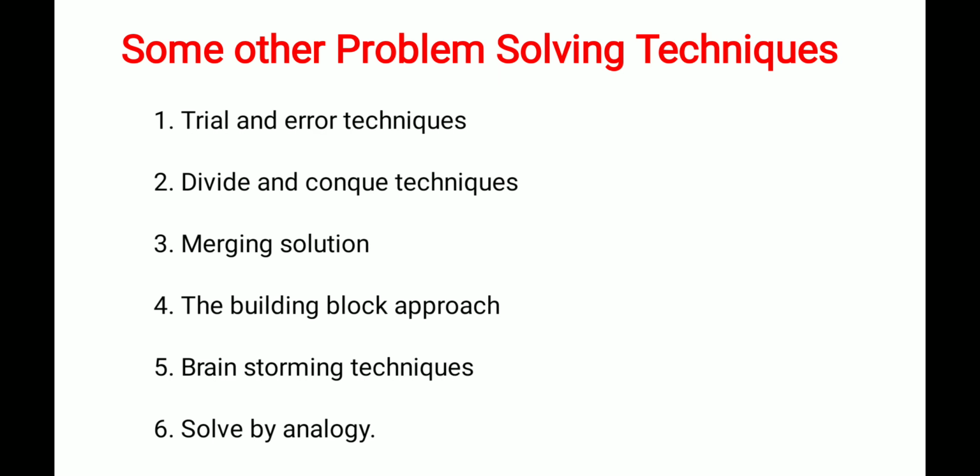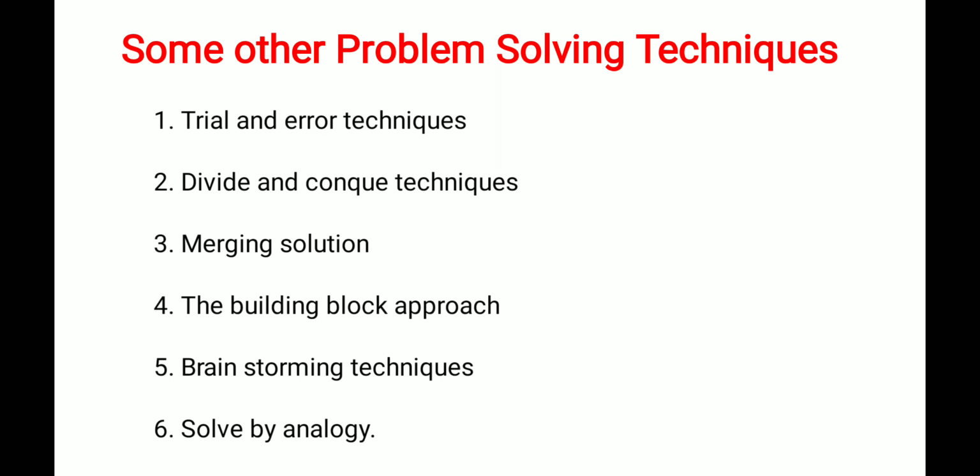This is the sixth one. The idea behind this technique is to look for an existing solution for a similar type of problem. If a similar type of problem exists, look for that existing solution and apply it in our program. So these are some other problem solving techniques.